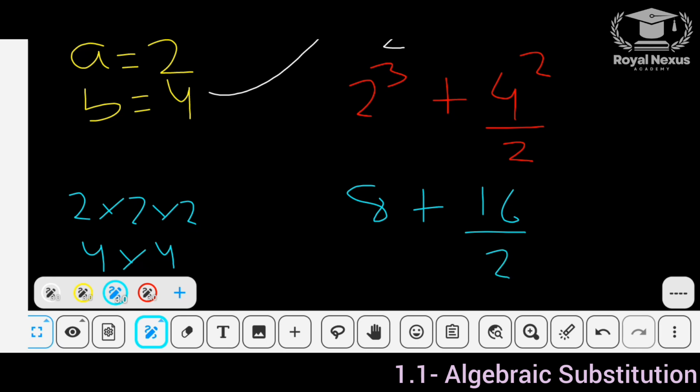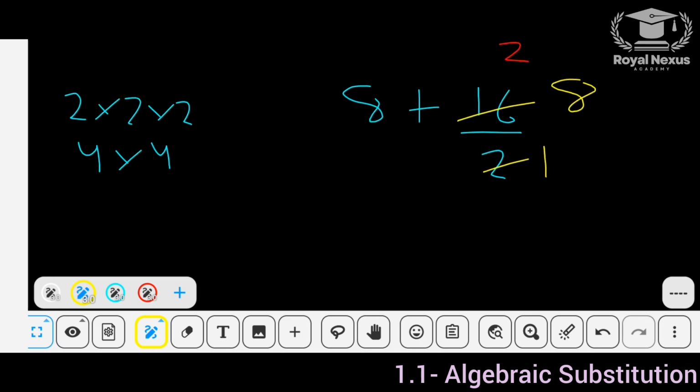Remember, I told you in the previous question that when you have a fraction, you need to simplify it. So if we simplify it, 2 times 8 is 16, so it's 8 upon 1. Now it's 8 plus 8 upon 1 means just 8, so 8 plus 8, the answer is 16.